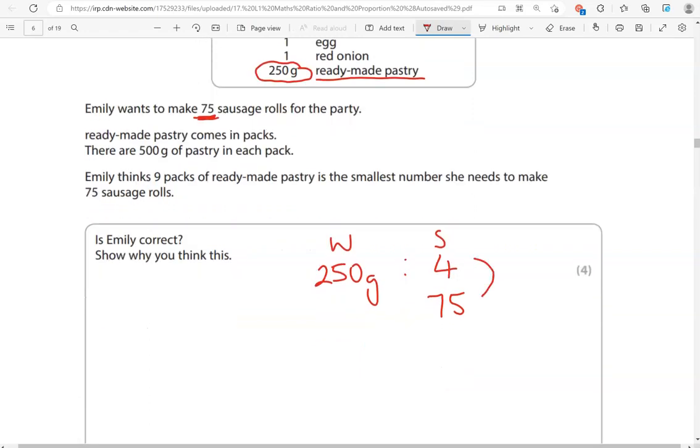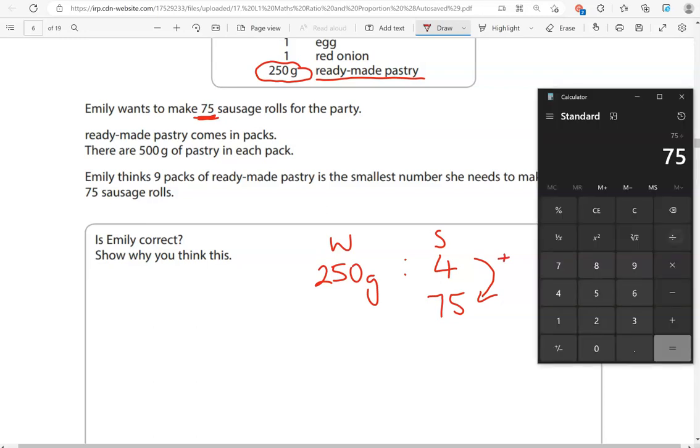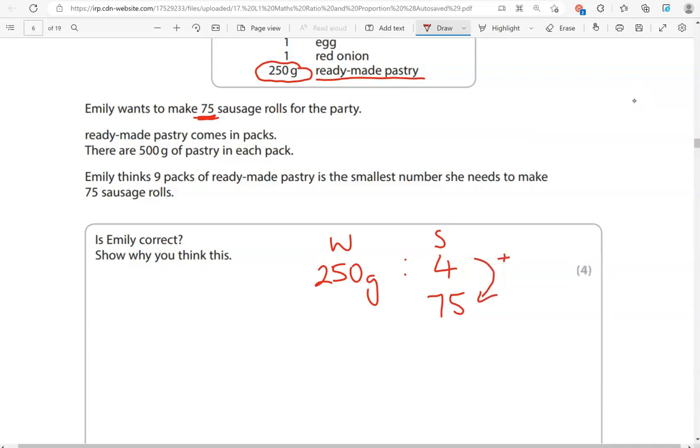So how do we get from 4 to 75? What do we multiply 4 by? So we're going to do 75 divided by 4, which is 18.75. So 4 times 18.75 gives us 75. So we need to do the same on the other side.